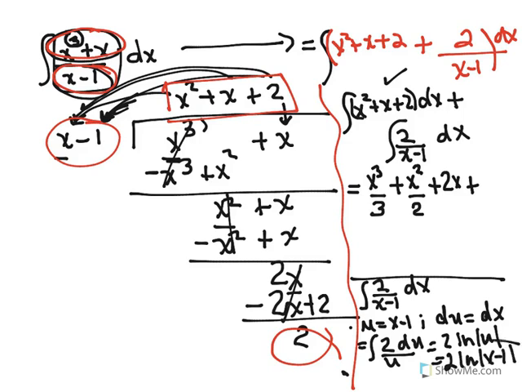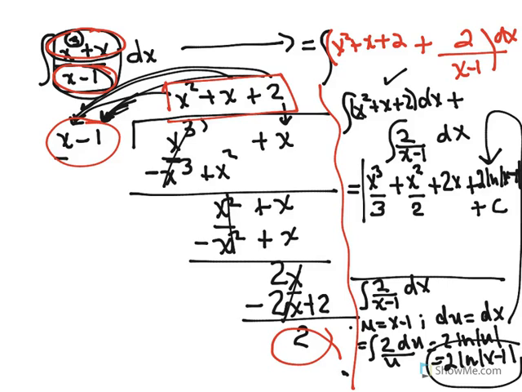So if I bring this over here, it will be plus 2 times ln of x minus 1, and of course plus c. Okay, so that is the final answer for example 1.